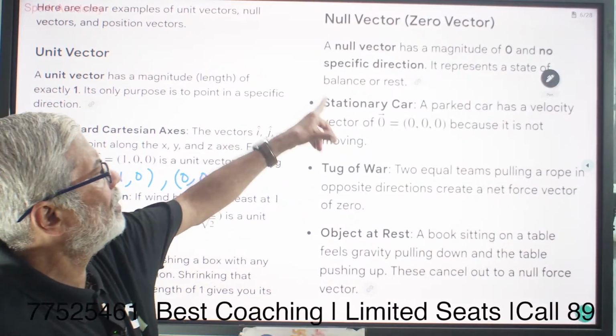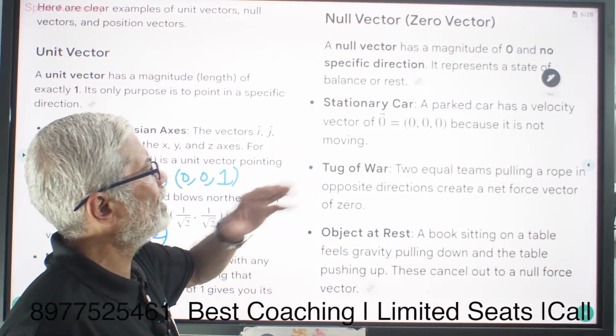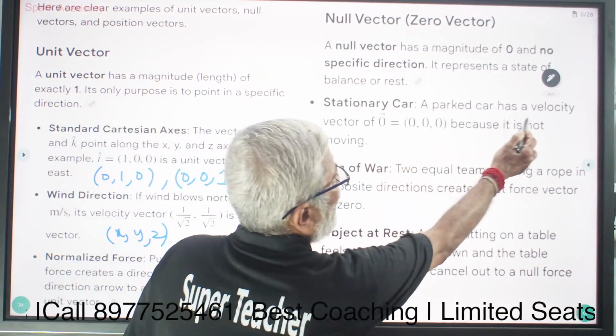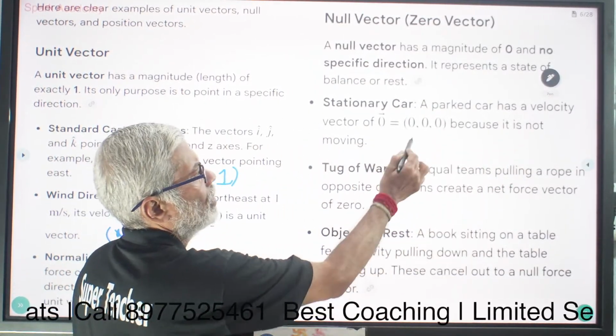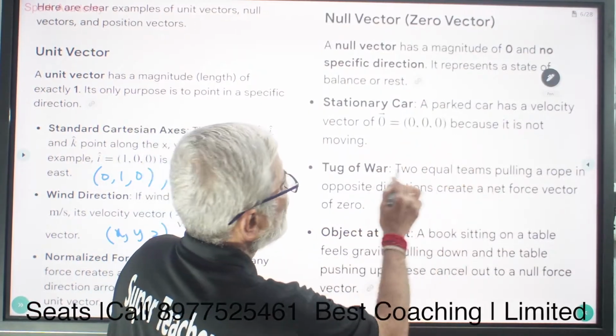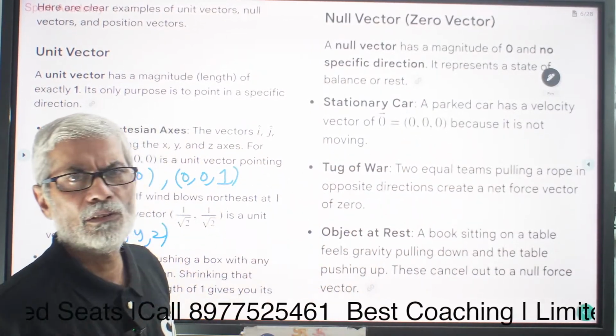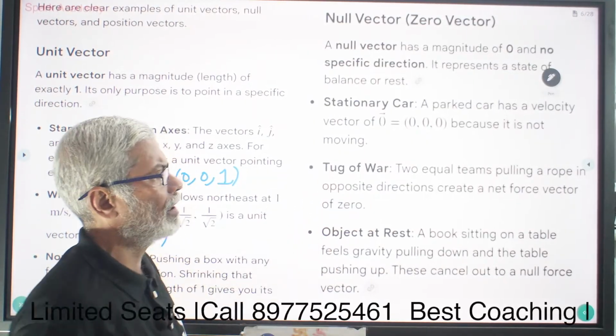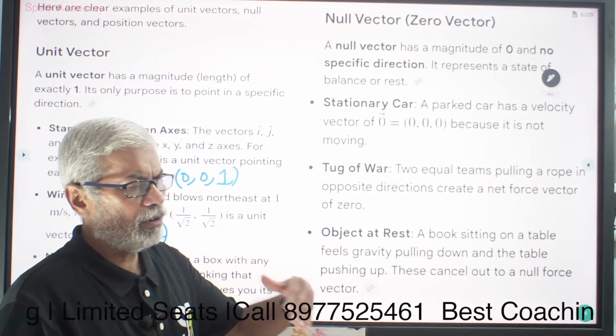See, what is an example of a null vector? A null vector means zero magnitude. A parked car has a velocity vector of 0 comma 0 comma 0, because it is not moving. Now tug of war is also a zero vector.